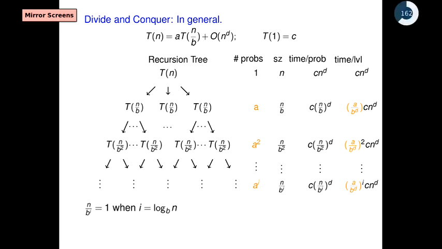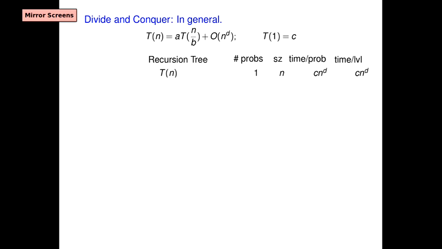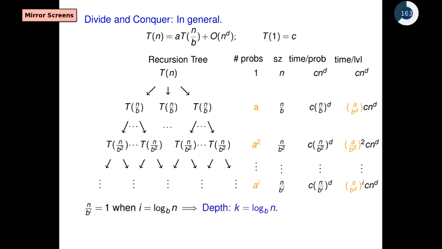When does this expression get to 1? It's log base B of n. That's how fast you're decreasing your subproblem size. So the depth is that, and then I look at the level I work, which is I'm just adding up these things as the number of subproblems times the time per subproblem, which is really, let me just show you that that's what I'm doing.